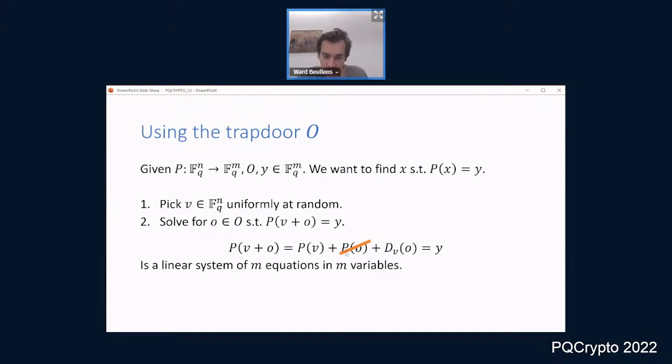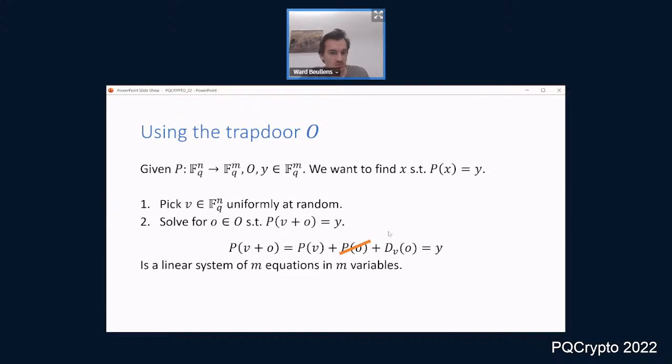So we can cancel this middle term, and then what's left is just P(v), which is some constant, and this differential, but this differential is linear in o, right? So what's left is just a linear system of equations, right? We have m equations because P has m components, and we have m degrees of freedom, right? Because the space O has dimension m.